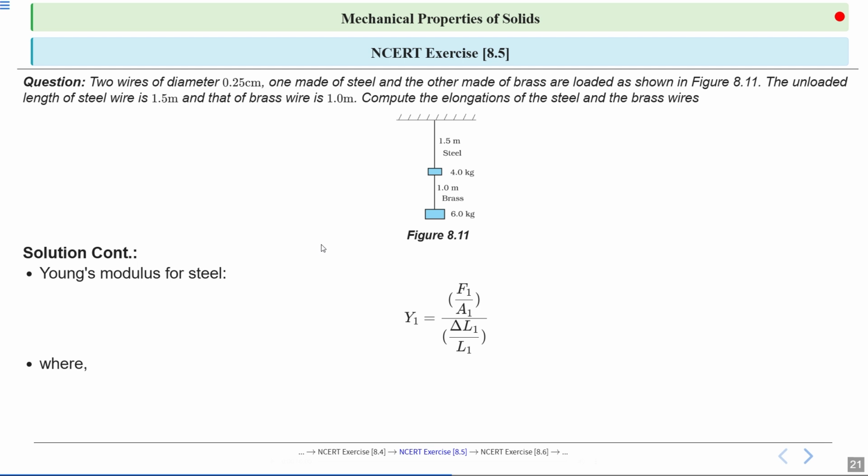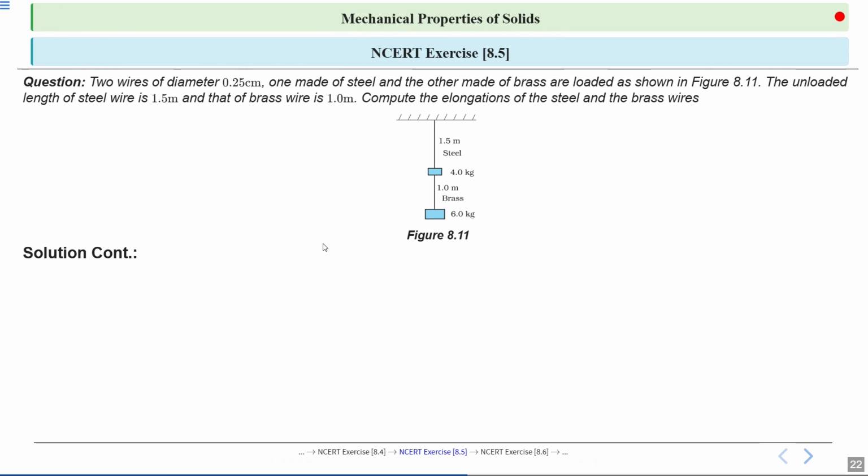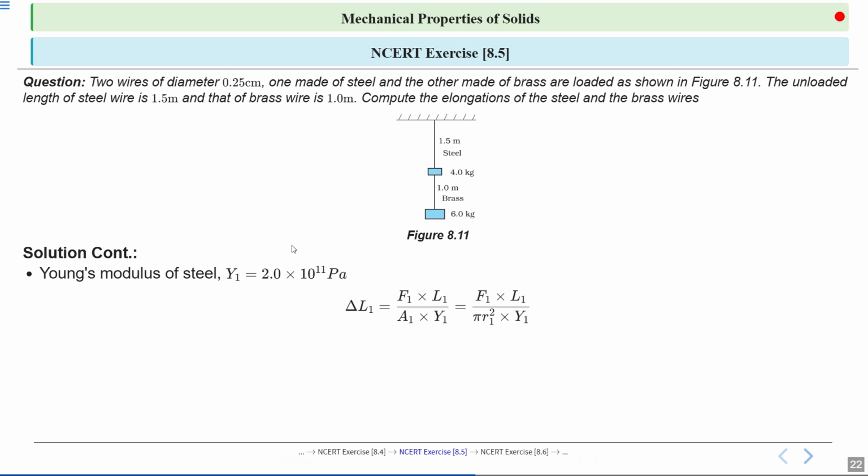Here delta L1 is the change in length of the steel wire and A1 is the area of cross section of the steel wire, which is equal to pi r1 square. Now, Young's modulus for steel is given as 2.0 into 10 raised to the 11 Pascal. Let's write the formula for elongation, which is delta L1 is equal to F1 into L1 divided by A1 into Y1.